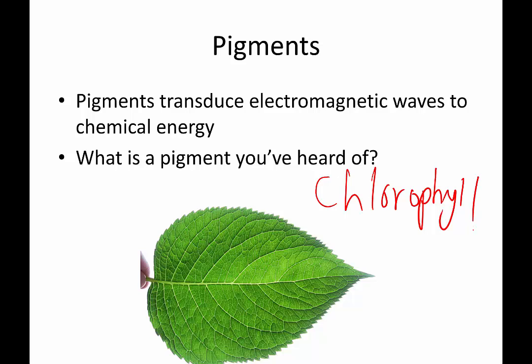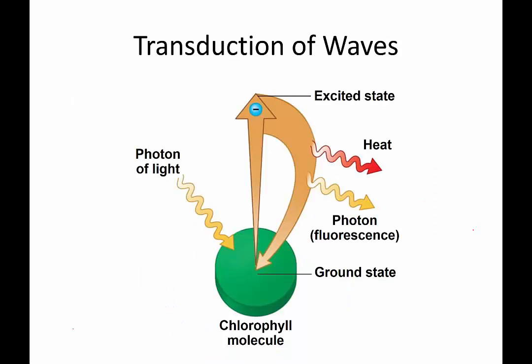We'll learn a little bit more about why chlorophyll is actually green in lab, but for now I'll show you the next slide to give you an idea of how chlorophyll works. Here we have some chlorophyll, which is the green color again, and we have some light hitting it. Again, some electromagnetic waves are hitting that chlorophyll molecule. Chlorophyll actually has an interesting structure since it allows its electrons to go to a higher energy state.